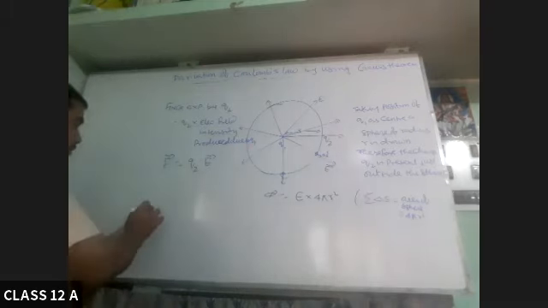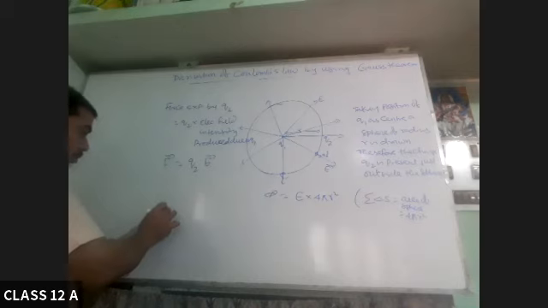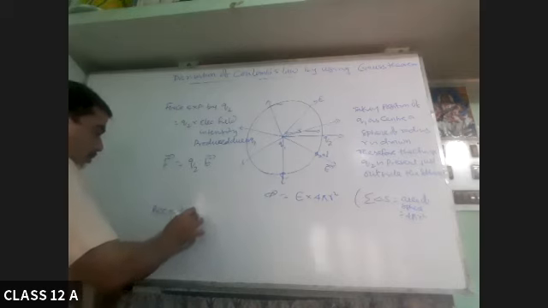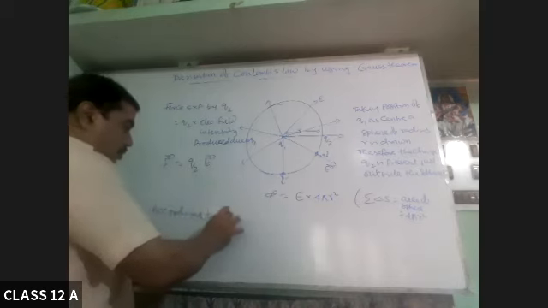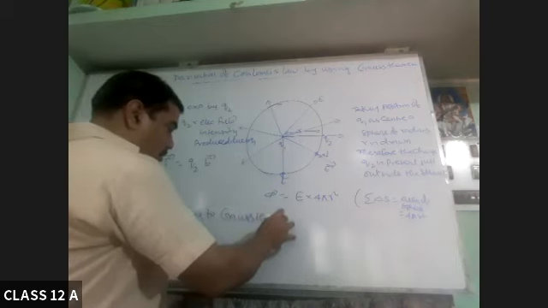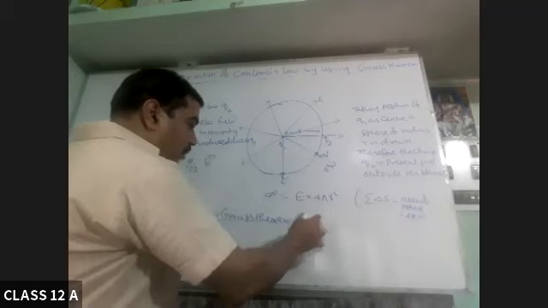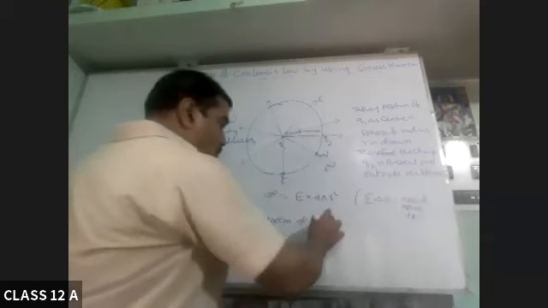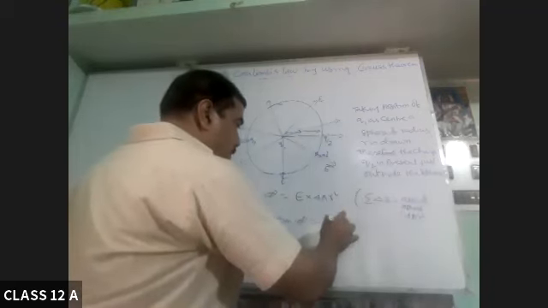Now, according to Gauss theorem, this phi is 1 by epsilon times the charge enclosed.